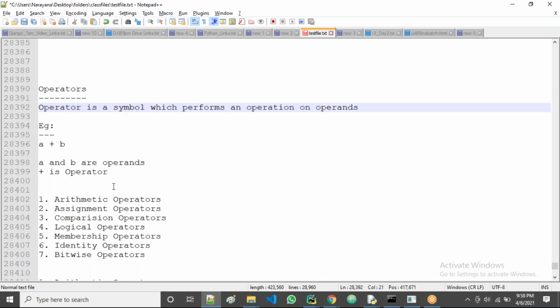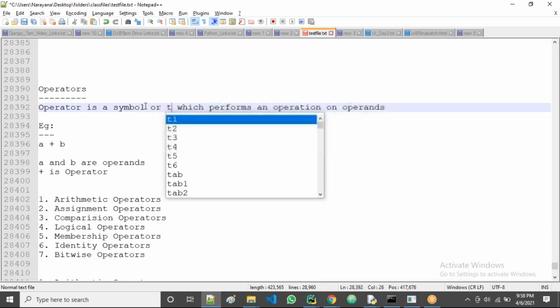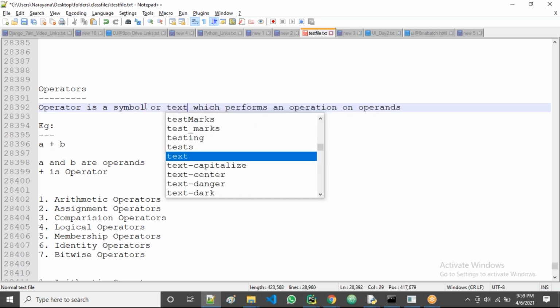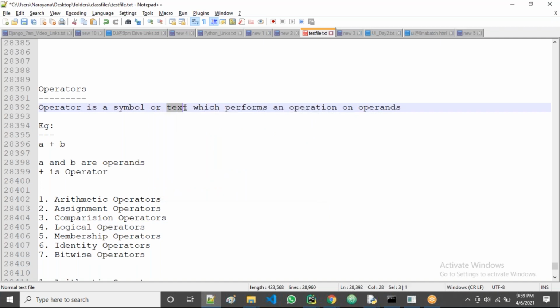Don't think only of symbols: a few operators like and, or, not are characters, but the remaining are symbols. Only in logical operators do we have text. That's why some people say it is a symbol, or you can say text also. The exact definition: an operator is a symbol or text which performs an operation.